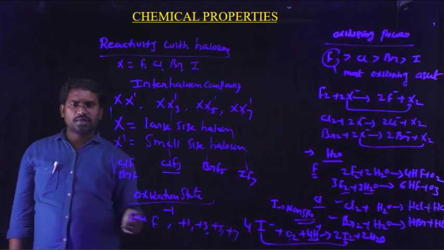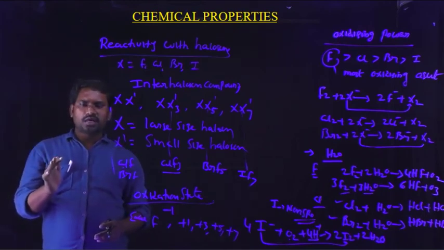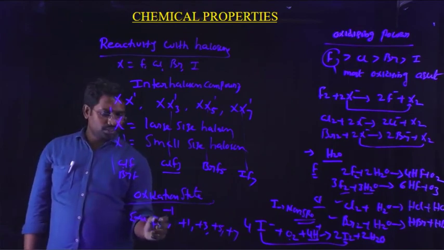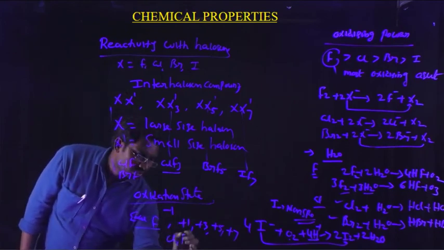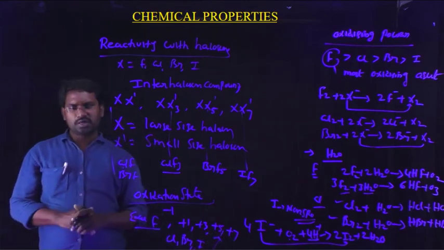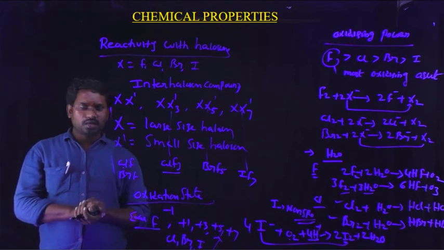This depends upon the pairing and shifting of valence electrons into d orbitals of halogens. So except fluorine, the remaining halogens, chlorine, bromine and iodine, exhibit +1, +3, +5, +7 oxidation states, based on the pairing and shifting of unpaired electrons into d orbitals.